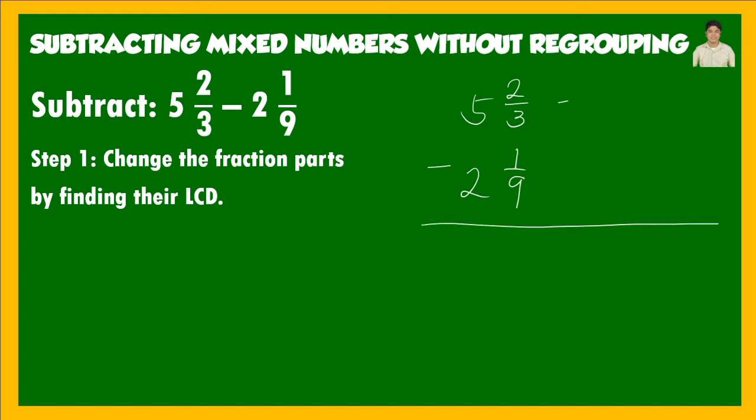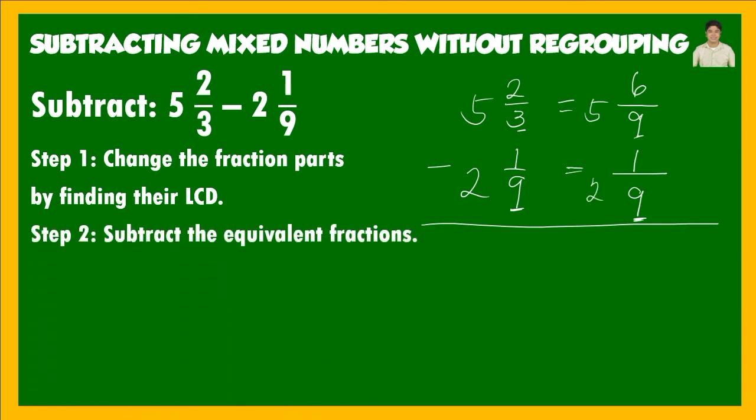So, yung LCD is 9. And then, same steps. 9 divided by 3, we have 3 times 2, 6. Next, 9 divided by 9, 1 times 1, 1 pa rin. So, ayan. 5 and 6/9, tsaka 2 and 1/9. Yung 2 and 1/9, hindi naman siya nabago.